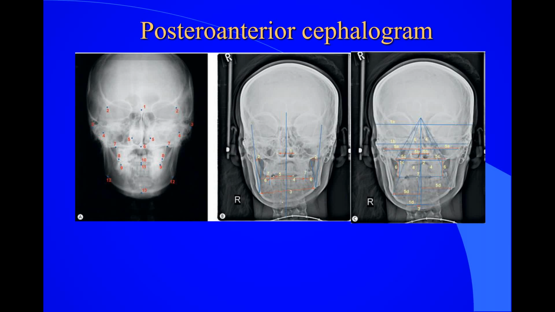The use of anterior-posterior or posterior-anterior cephalogram is fraught with inherent problems: difficulty in reproducing head posture, difficulty in identifying landmarks because of superimposed structures or poor radiographic technique, and concern about exposure to radiation.